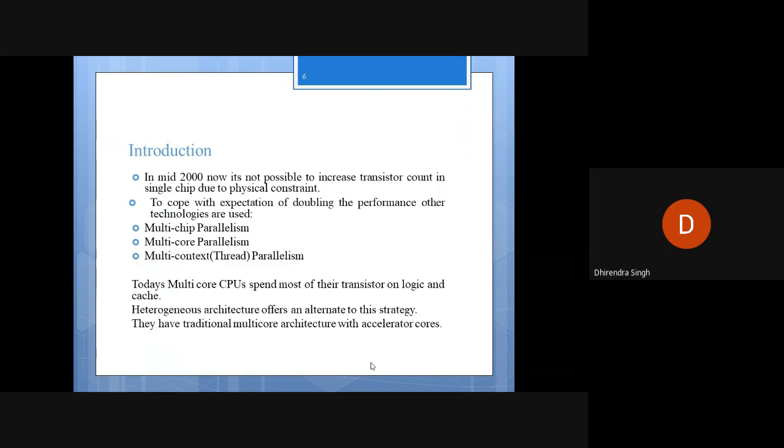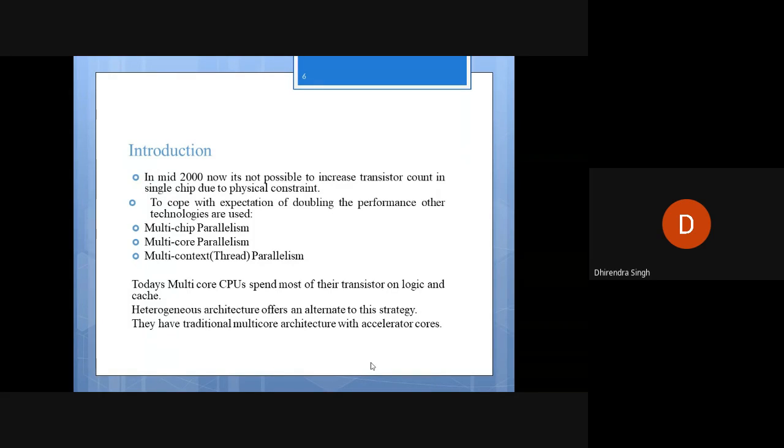Now, because we were not able to increase the processor count, we have gone through different ways. But these days we have multi-core CPUs, and most of the transistors available on the CPUs are used for logic operations and cache operations.